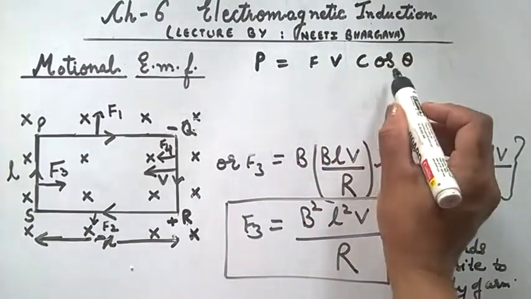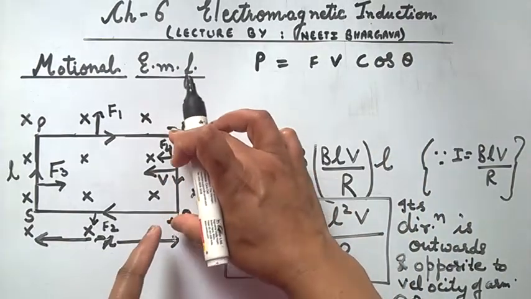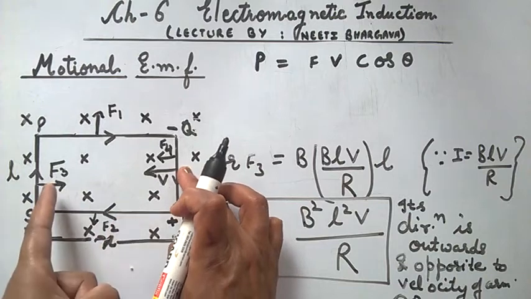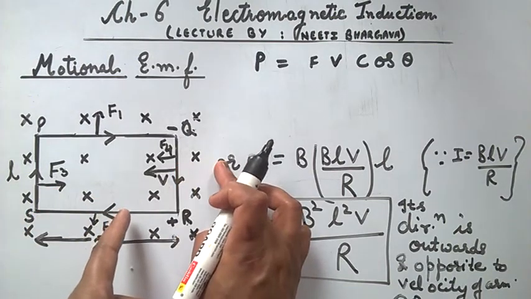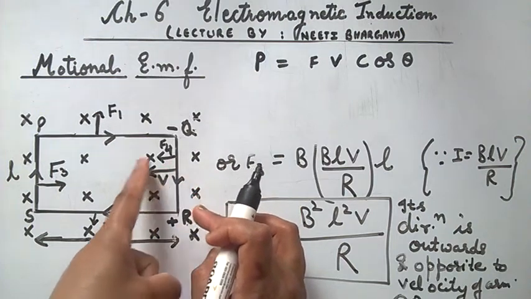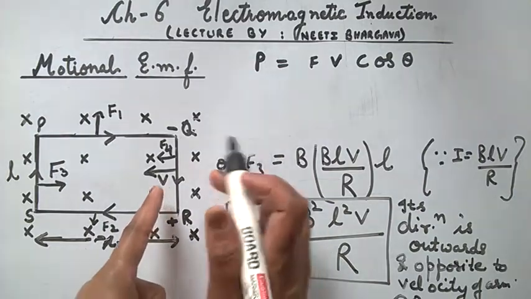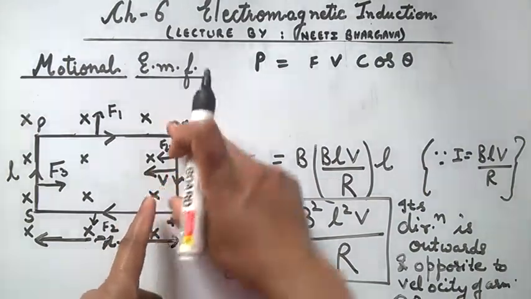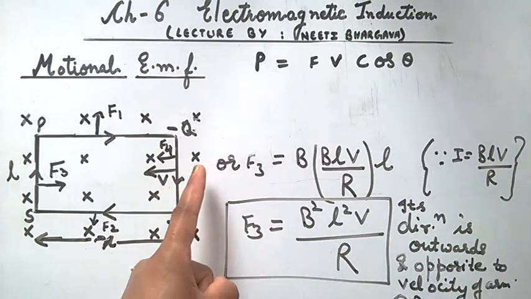Therefore, here we can see that this movable arm is experiencing a force F3 equal to the magnetic force in the opposite direction, and the force which we are applying is equal in magnitude but opposite in direction. Thus, this arm will be able to move with constant velocity as the forces are equal.